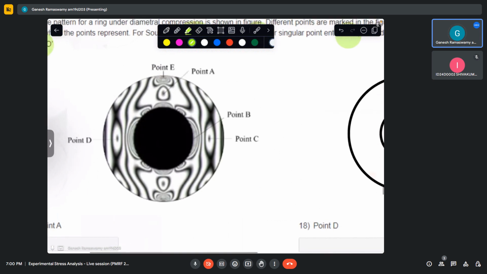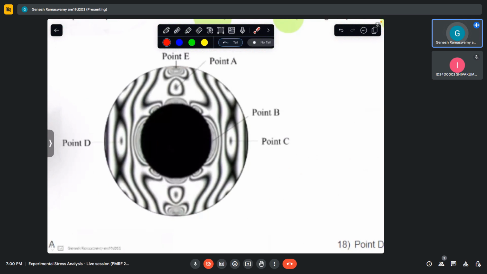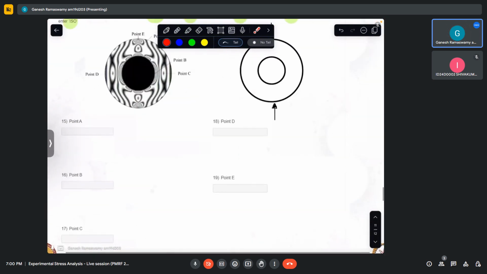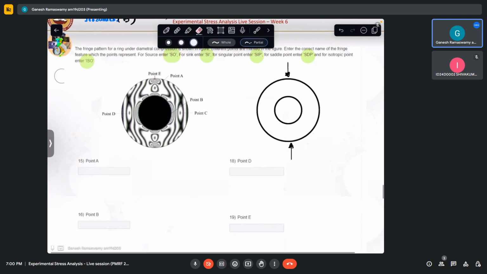Where is point A? Point A is over here. So what happens basically is, I don't have that video, but if you see the video of the stresses evolving as a function of the load, I would rather suggest it here. Let me write it here.